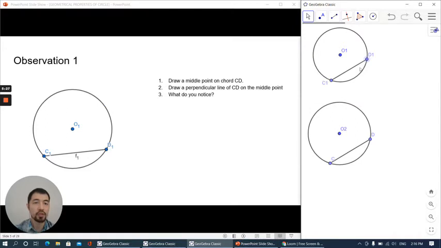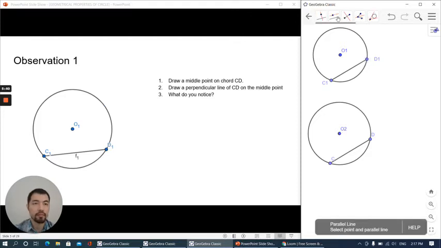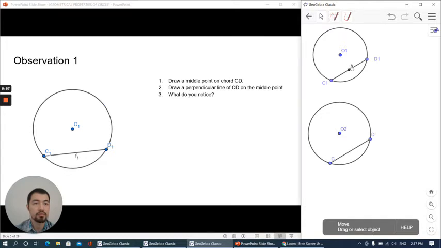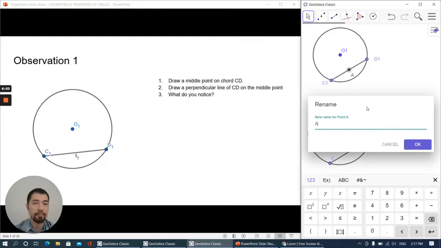Let's draw a midpoint on C1D1. You know how to do it, right? You measure it and you divide by 2. So this is my midpoint, and I'm going to call this midpoint M1.